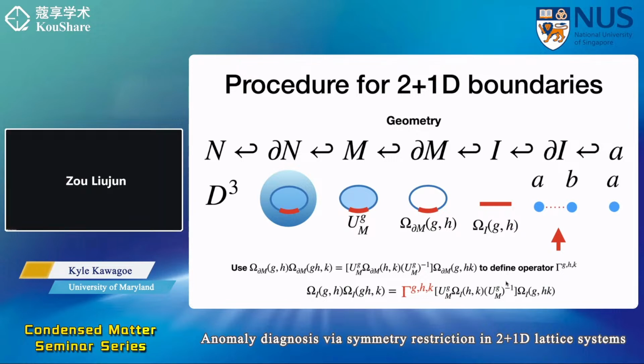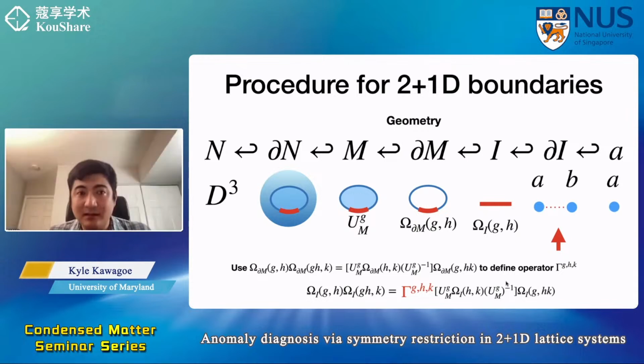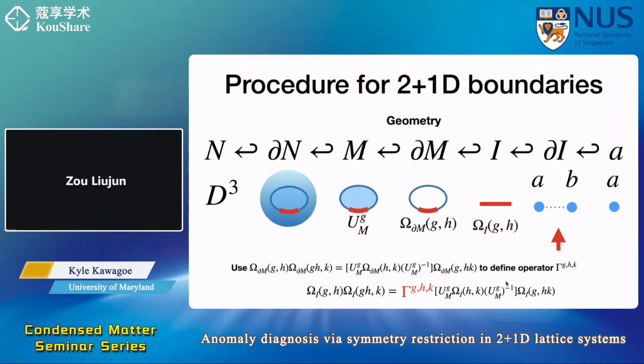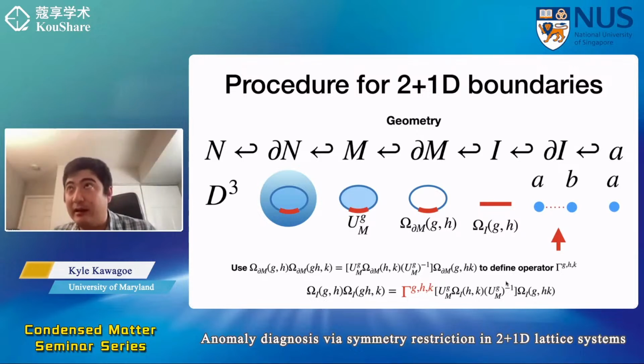And another question is, when you do these restrictions, in general, there should be some errors. Just to make sure, do you or do other people know how big the error is? Oh, the error? Good. So we're only working in the case where each of these steps is represented by a finite depth circuit.